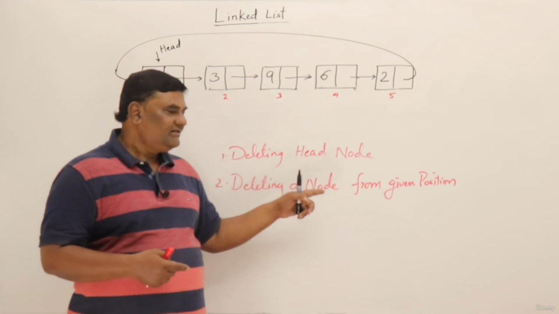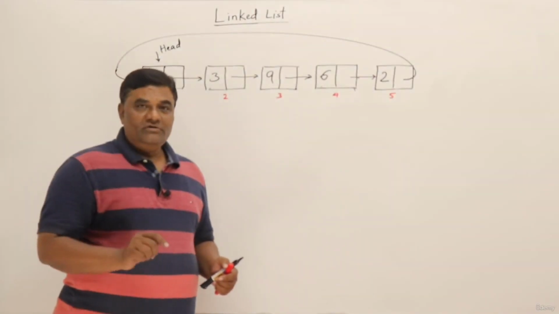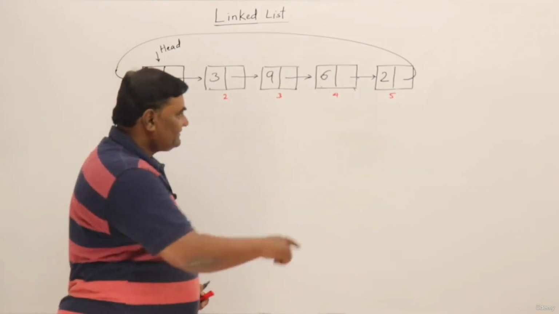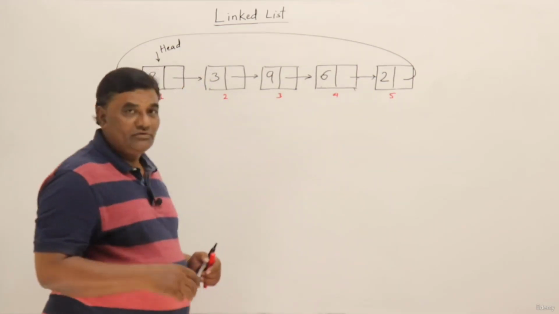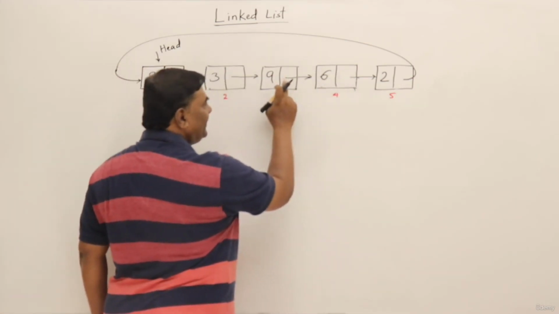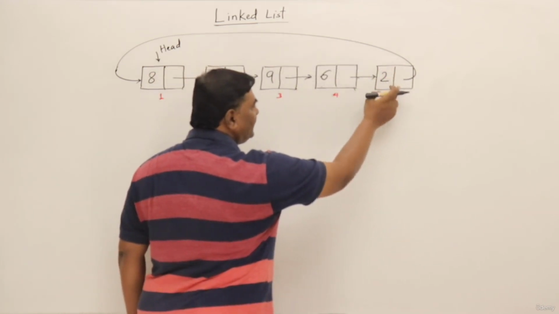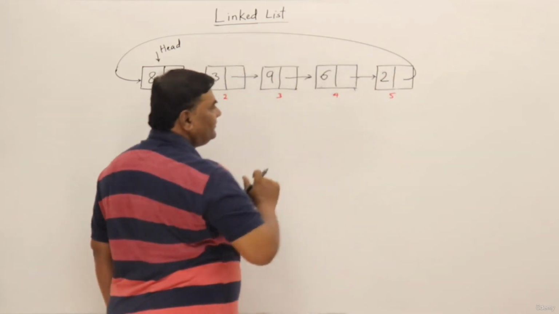So let us see deleting node from a given position. Let us delete a node from fourth index, that is this node I want to delete. So what is the procedure? If you want to delete this node, then you should manipulate this node and make this third node point on fifth node. Then you can delete this node.